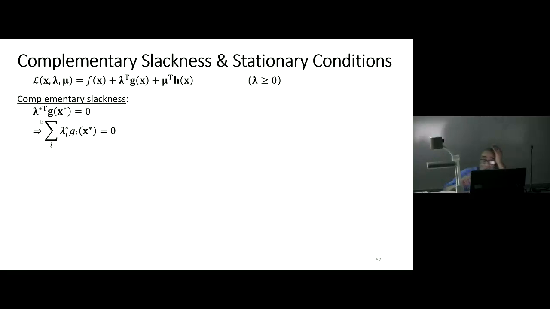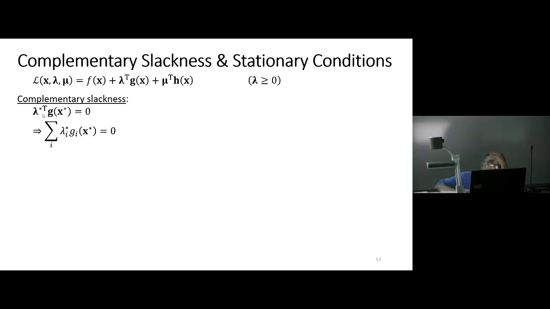Now, remembering that they have to be of opposite signs: g has to be less than or equal to 0, and lambda has to be greater than or equal to 0. So this is actually the summation of lambda i star g i of x star equals 0. Each of these terms can be either 0 or negative, because lambda and g are of opposite signs.